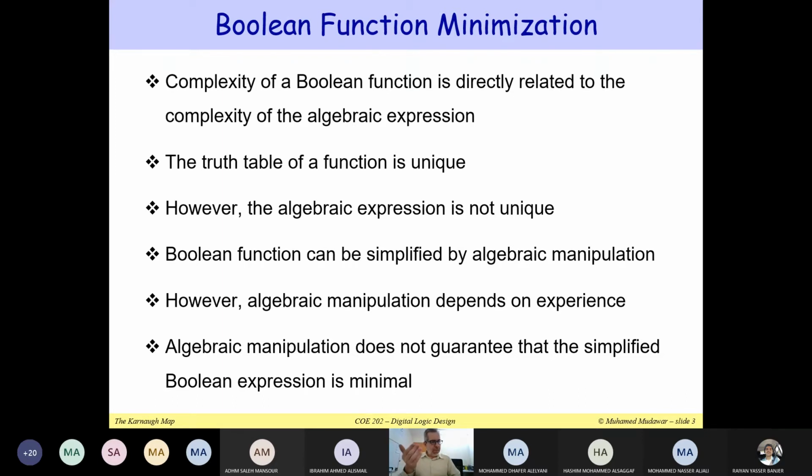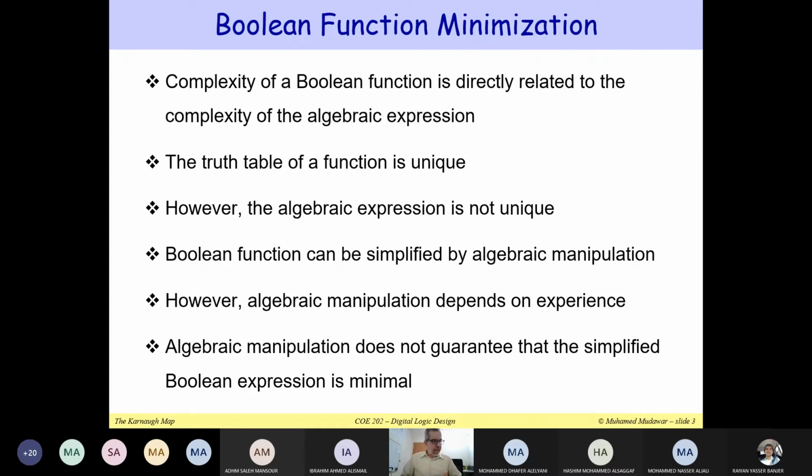So the truth table defines the function uniquely. However, the algebraic expression is not unique. You can minimize the expression to get another expression, which is equivalent, but you can get different expressions for the same function. So the truth table is unique, but the algebraic expression is not unique.